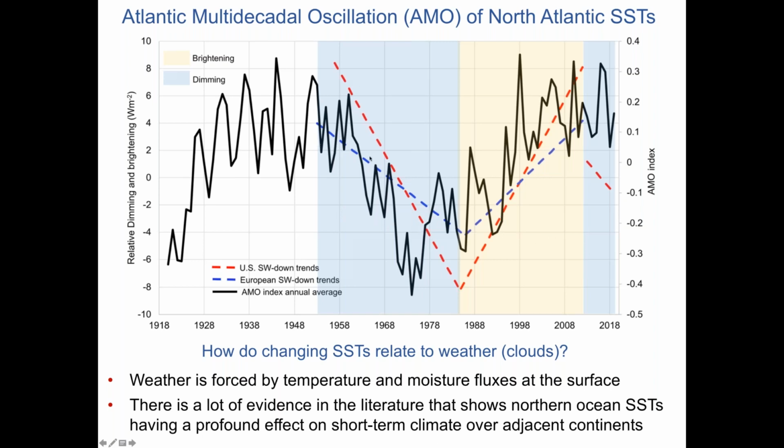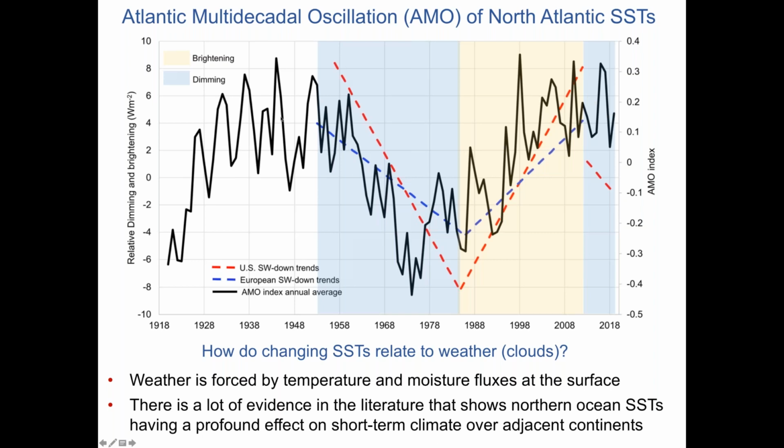I overplotted the trends that have been measured for the US and Europe, and they correspond to periods when the sea surface temperatures are in flux downward, getting colder for the dimming period, and getting warmer for the brightening period. The AMO is not as sharp as the PDO, and it tends to go up and plateau, go down, up, and plateau.